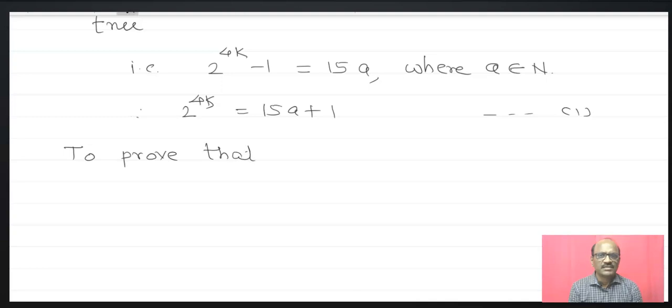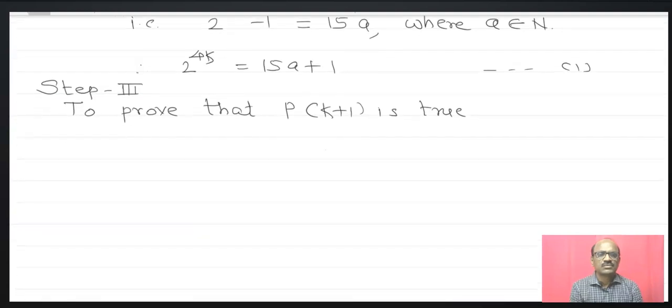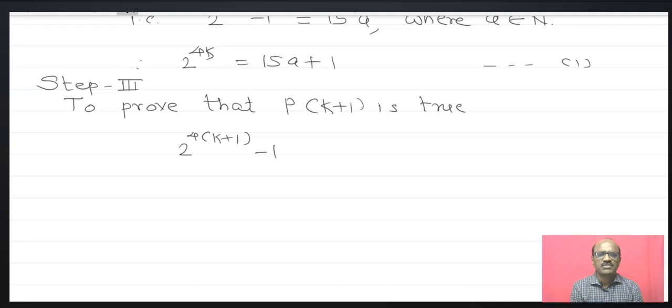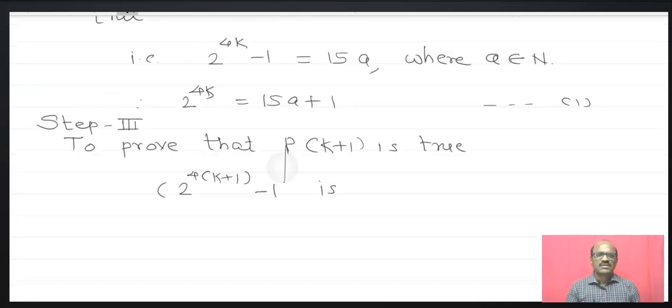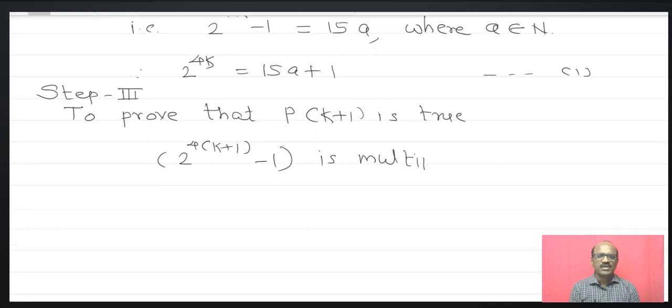To prove that P of k plus 1 is true, that is 2 raised to 4 in bracket k plus 1 minus 1 is a multiple of 15.